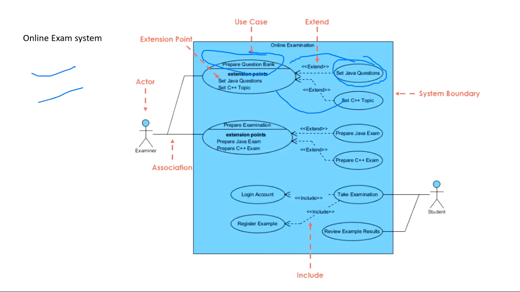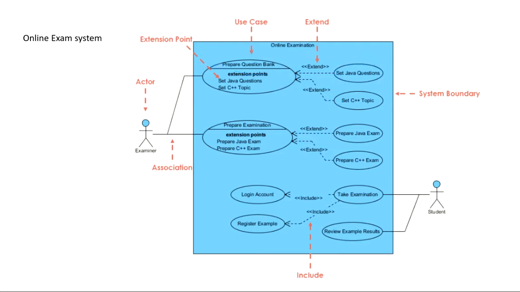Instead of this online exam system, suppose there is an online e-shopping cart system you have to draw. Then again, there will be a customer, a user. In the backend, there will be Flipkart. Suppose you will log in. Okay. Then after login, what's happening? You just have to imagine the system first. Whenever you're writing a use case diagram, just imagine the things first. And also try to keep the sequence.